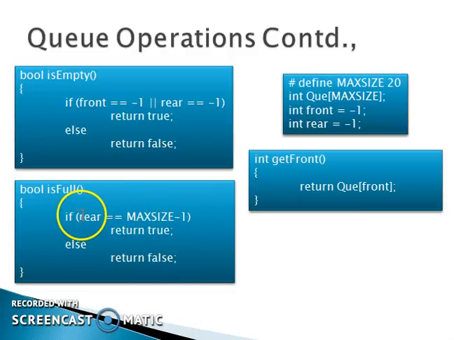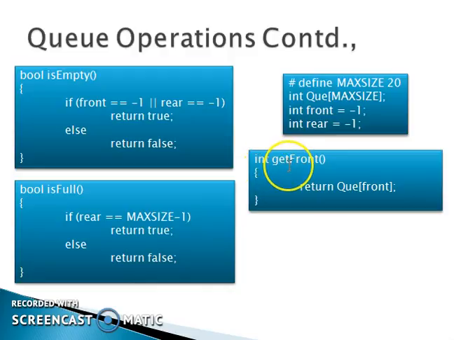So whenever rear becomes equal to max size minus 1, it means that the queue has sufficient number of elements in it and it is full. So in that case, this function returns true, otherwise the function returns false.